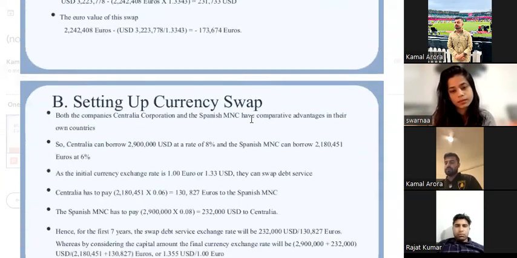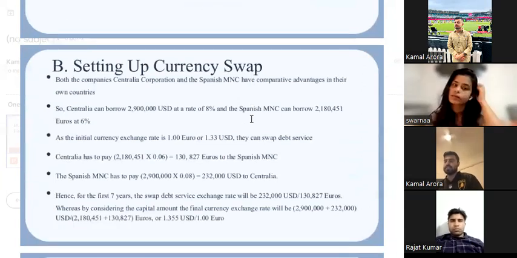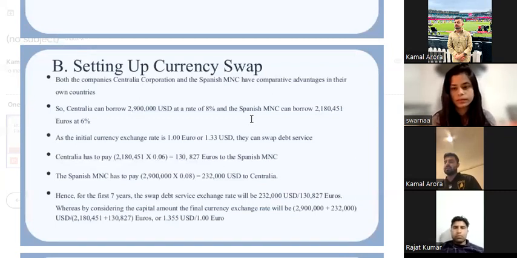So I will move to another part of case one. The second part is setting up the currency swap. Both companies, Centralia Corporation and the Spanish MNC, have comparative advantages in their own countries.